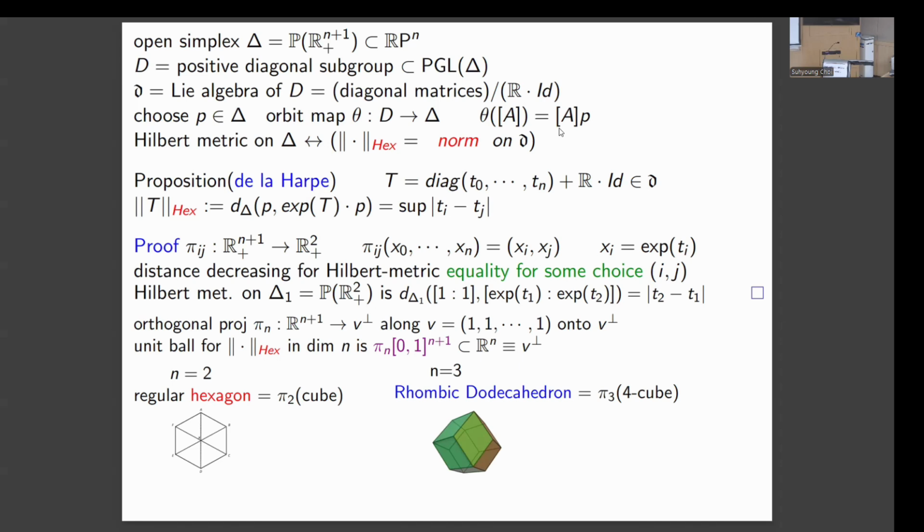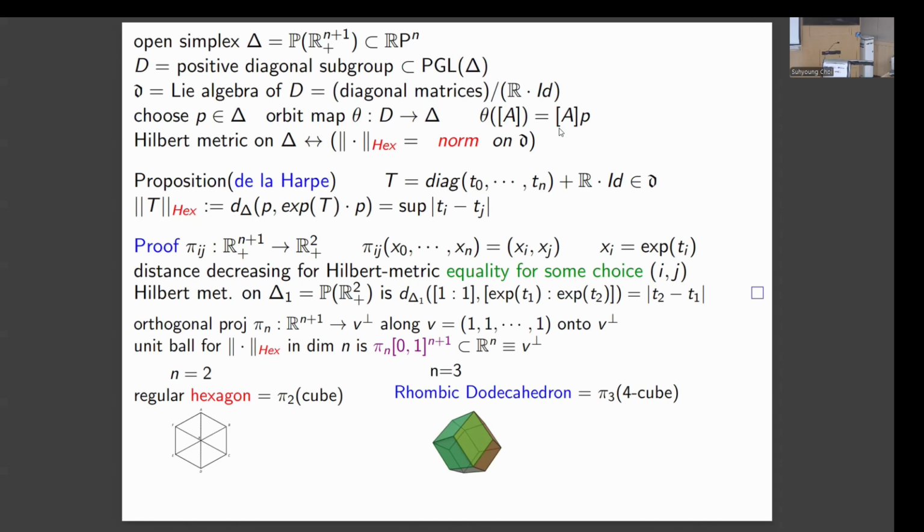So I can identify this Lie algebra with the simplex, basically by taking the exponentials of the coordinates in the Lie algebra. Then the fact is that the Hilbert metric on the simplex corresponds to a norm on this vector space.